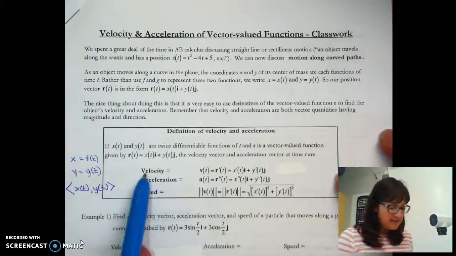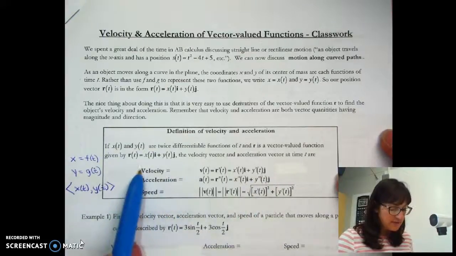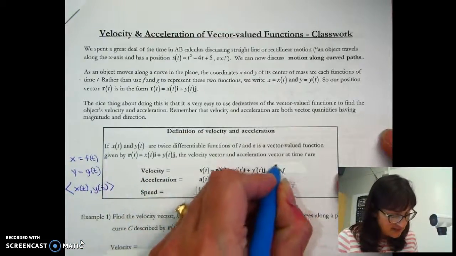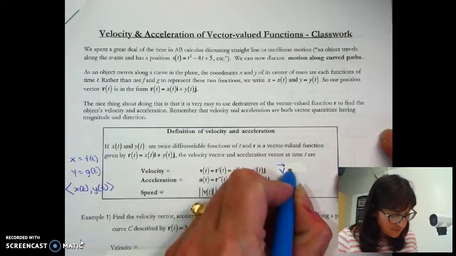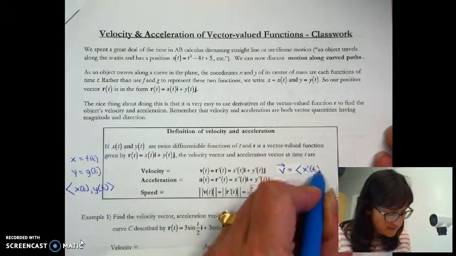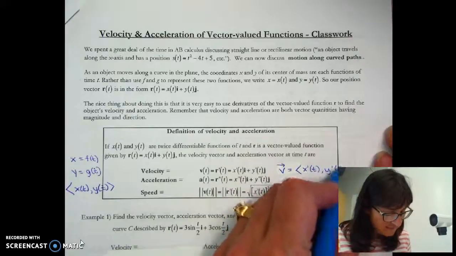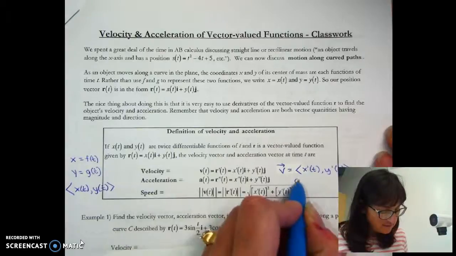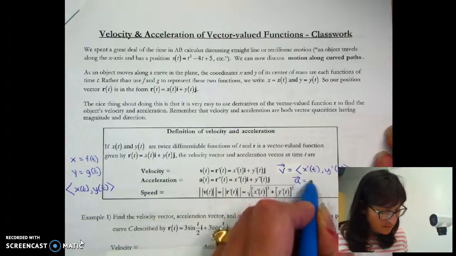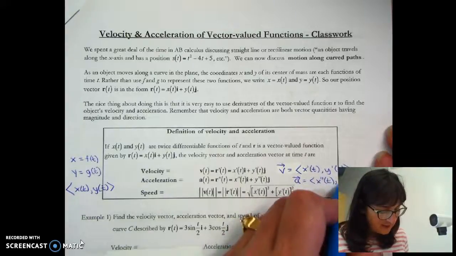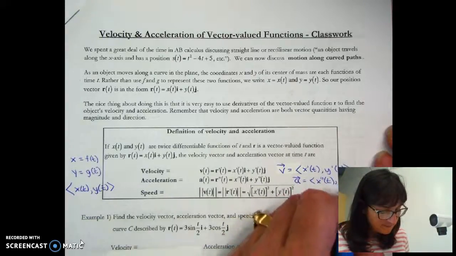So I'm just going to take these linear combination formulas for the acceleration and velocity vectors and write those in angle brackets. So the velocity vector with angle brackets would be x prime of t and y prime of t for position xy. And the acceleration vector would be x double prime of t and y double prime of t.